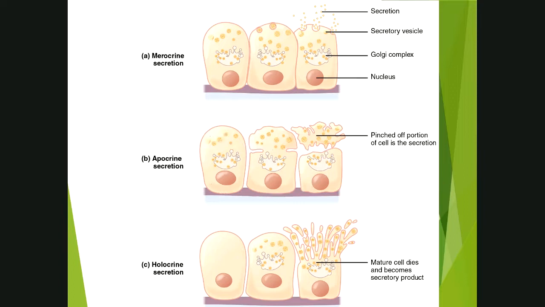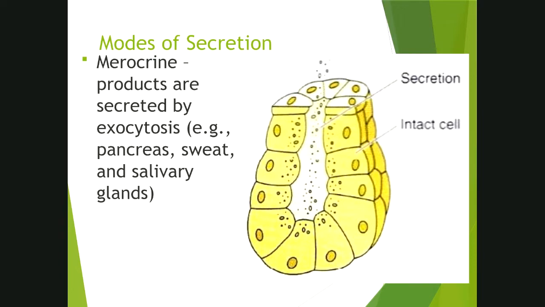And then there's a third way in which glands secrete, and this is called merocrine. Remember, mero means without or no or something like that. And so there's without damage. So what happens here is the cell has the product, but the product just sort of oozes out.